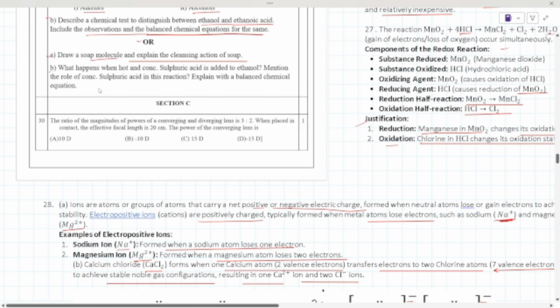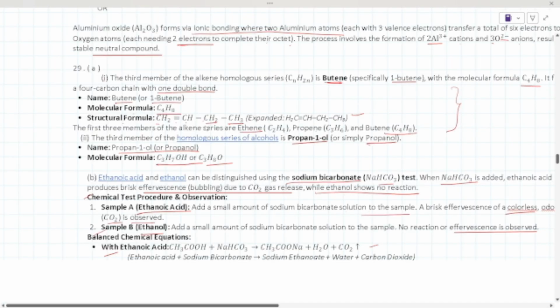See here. What happens when hot and concentrated sulfuric acid is added to ethanol? Mention the role of concentrated acid in the reaction. Explain with a balanced chemical equation. So let's see how we will do it.